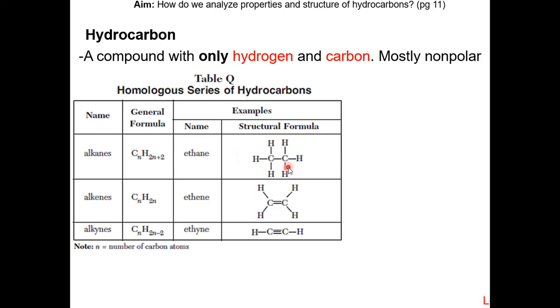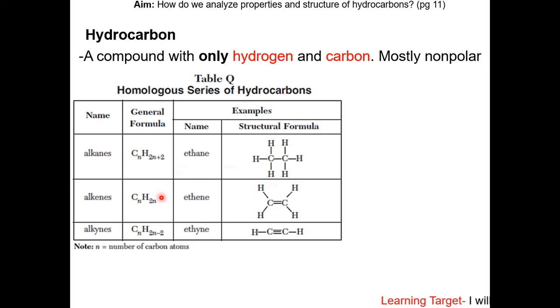Ethane has 2 carbons. Using the general formula, the number of hydrogens is 2n plus 2, or 2 times 2 plus 2, which is 6. As you can see from the structural formula, there's only single bonds. Ethene also has 2 carbons, but it is an alkene because of the carbon-carbon double bond.